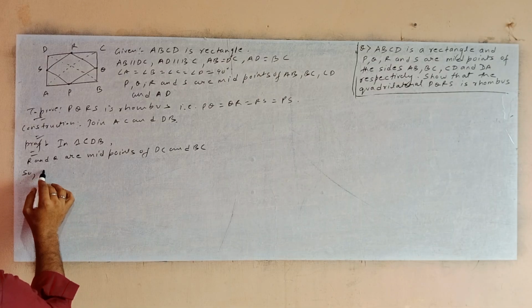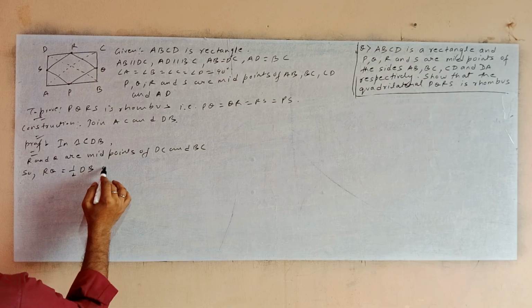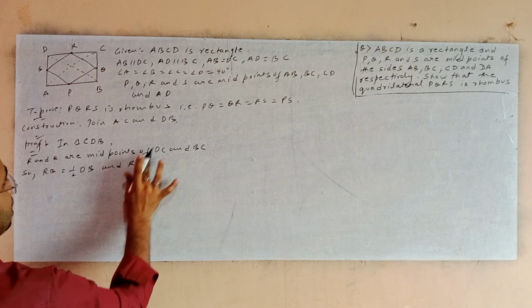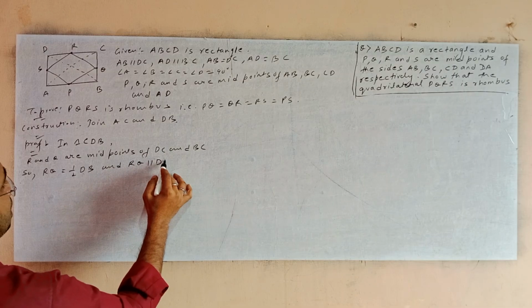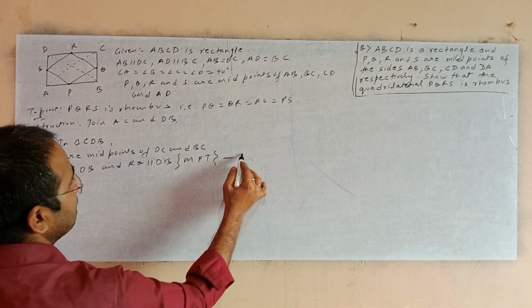So RQ is equal to half of DB, and RQ is parallel to DB by the midpoint theorem. Take it as first.